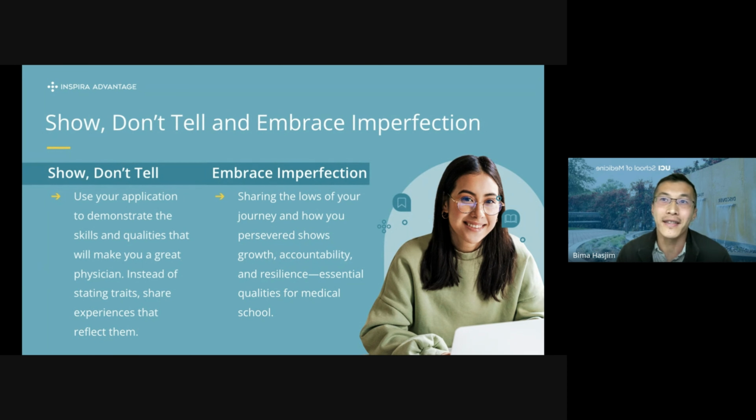The one thing that you can do now, for those of you who aren't in the thick of the application process, is keep a log of all of the memorable patient interactions you've had, because that will be easier for you to draw on versus the last minute when you're scrambling to put things together. And that is honestly how physicians talk to one another too.